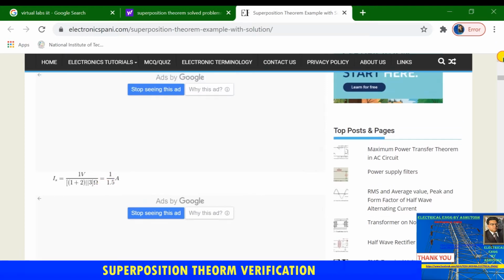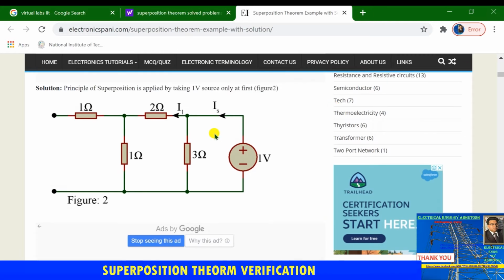Now the current is divided. We apply the current division rule in this branch. Basically we need the current in the 3 ohm branch. It will be halved because this is a 3 ohm branch and this is also a 3 ohm branch.